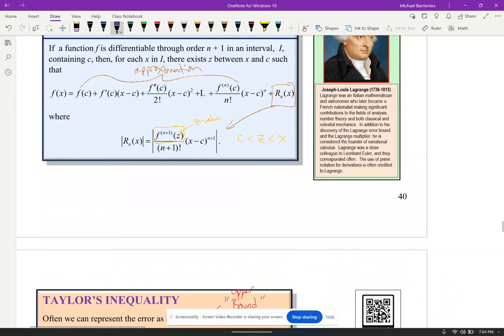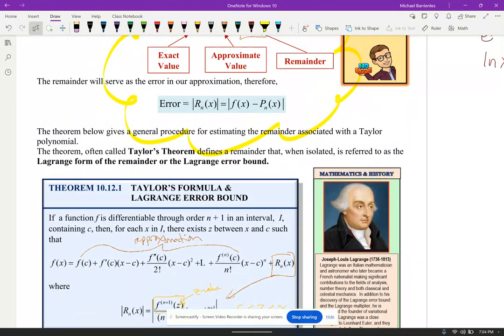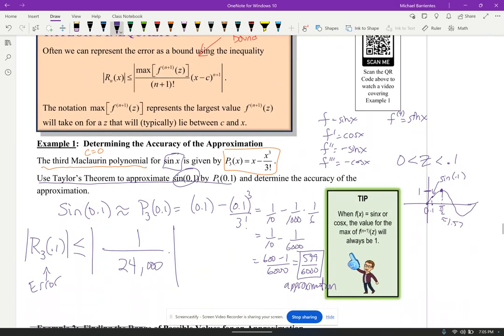Now, remember, when we came over here, we said that the remainder, or the error, is the difference in the actual value minus my approximation. So let's start there.